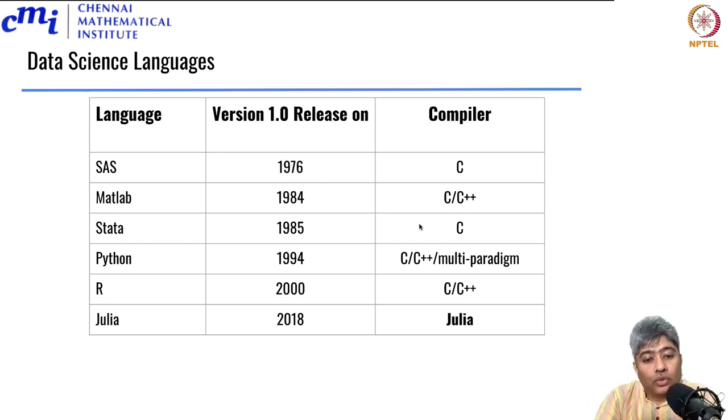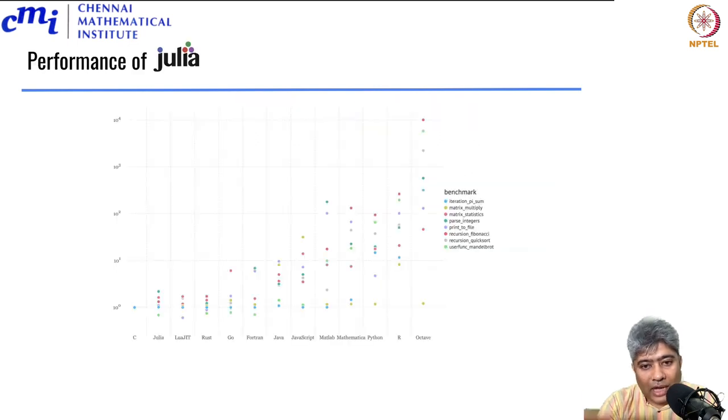When I'm talking about version 1.0 release, the actual work may have started a little earlier. Julia's version 1.0 release was 2018, and the compiler was Julia itself. So that makes Julia very fast, probably as fast as other languages.